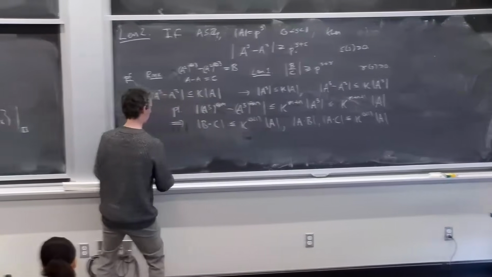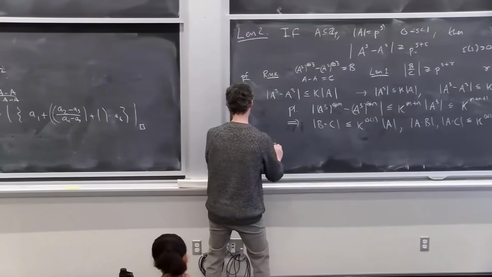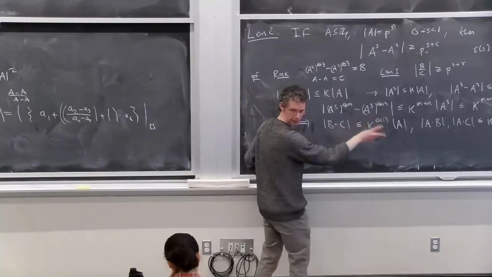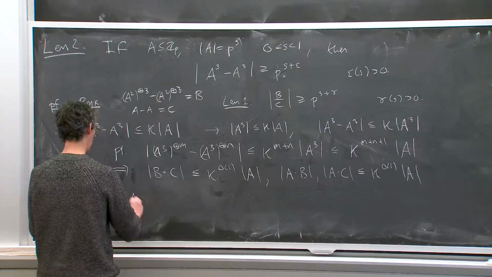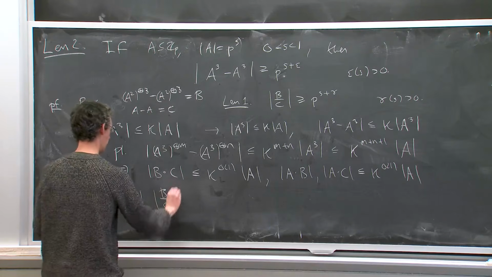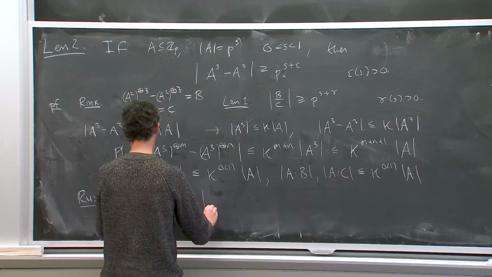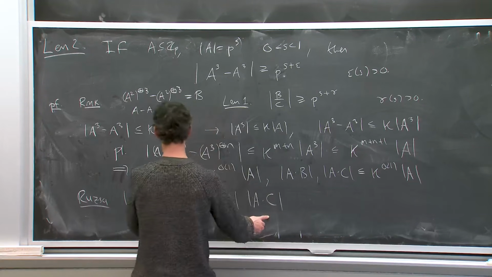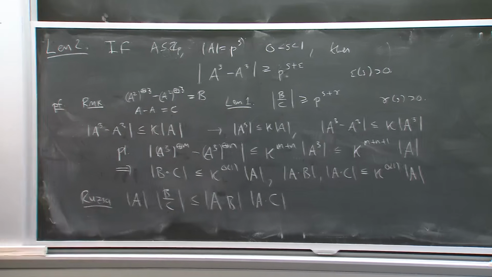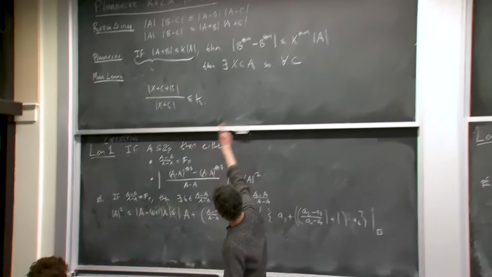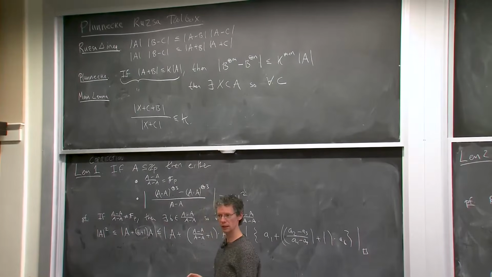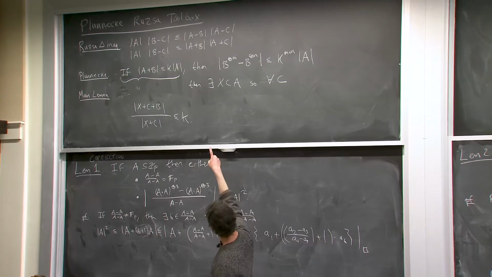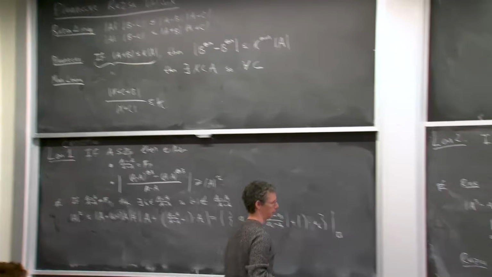OK. So then we can use Ruzsa's inequality to relate B divided by C to these guys. We could say |A·B/C| is smaller than |A·B||A·C|. This is the multiplicative version of Ruzsa's inequality version 2. So subtraction has been replaced by division, and addition has been replaced by multiplication.